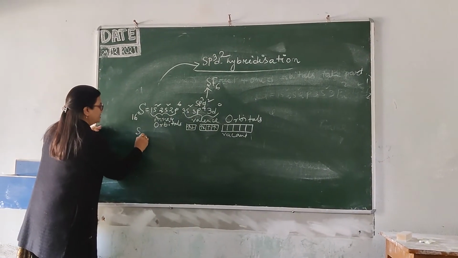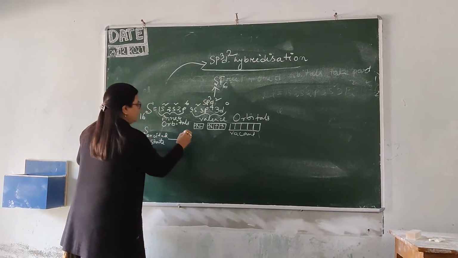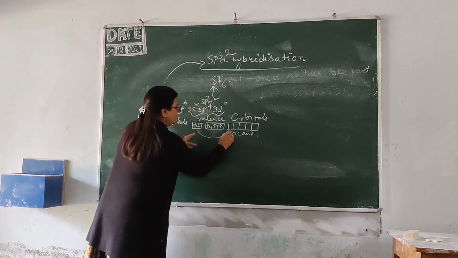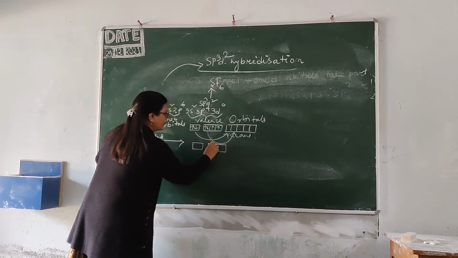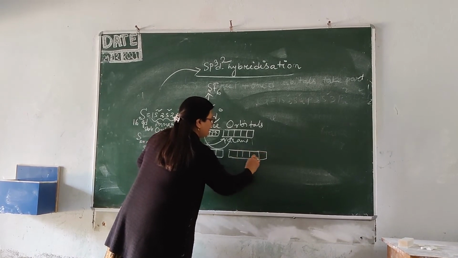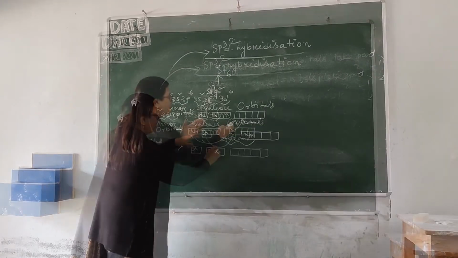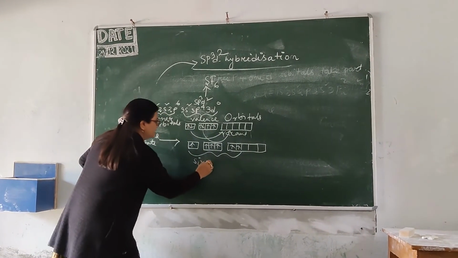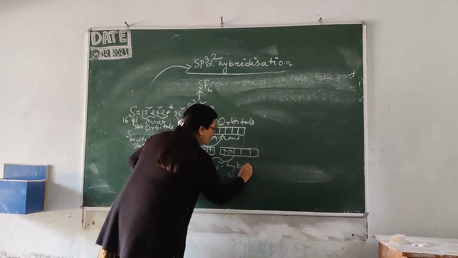In the excited state, 2 electrons will travel from these two, like this. One electron jumps from these two, that means one electron from this to these. That means these are the 6 sp3d2 hybrid orbitals.